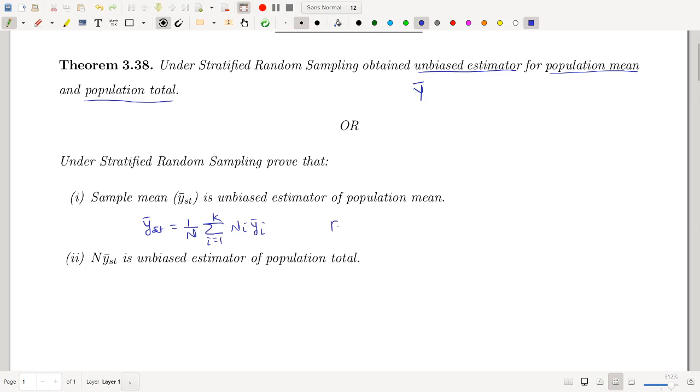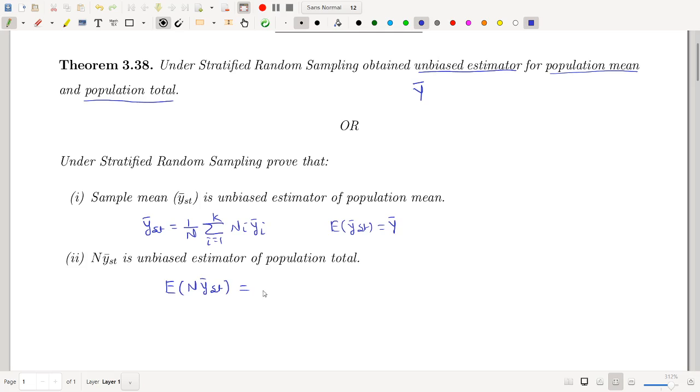Means expected value of this Y bar st will be capital Y bar. And n into Y bar st is an unbiased estimator for population total. Means actually we have to prove expected value of n into Y bar st is equal to population total.